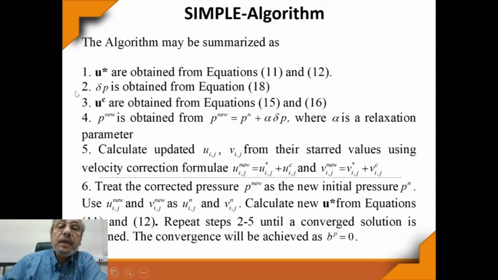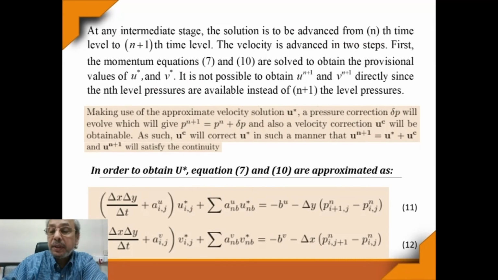So here is the systematic way of writing the algorithm. U star are obtained from equations 11 and 12. Let us go to equations 11 and 12. That means if we use the pressure which we have gotten through the previous level of calculation, the nth level, we'll only get U star and V star.